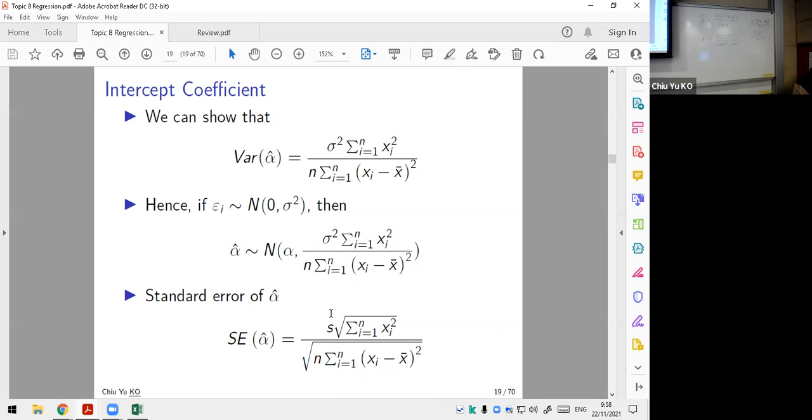Second, are alpha and beta meaningful? Is it different from zero? If we care about the alpha, the intercept, and the slope, we want to see whether it's zero or not. Suppose you want to claim this is a positive slope, we want to check whether beta is actually zero or not, or alpha is zero or not.